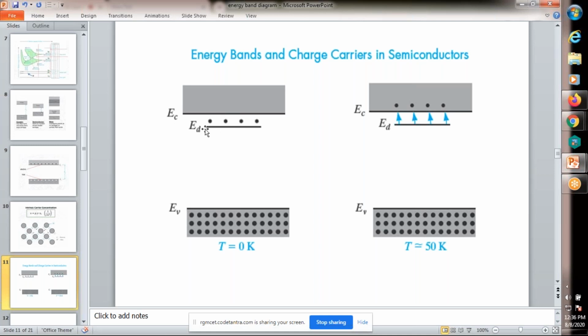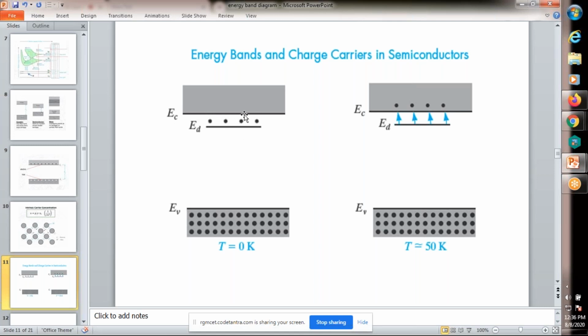Due to this type of doping, the number of available electrons is more. Why? Because of the fifth group atom, 4 electrons are covalently bonded with 4 silicon atoms, and then only one extra electron is available.